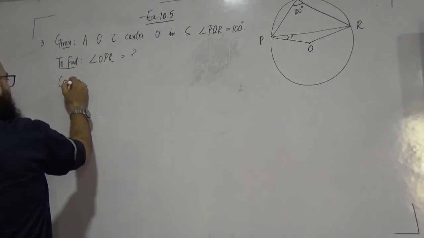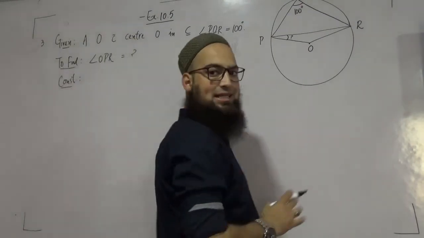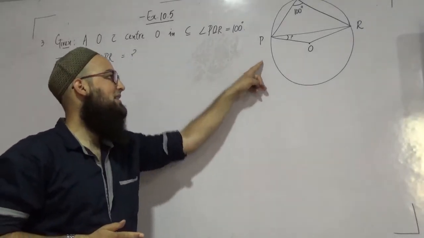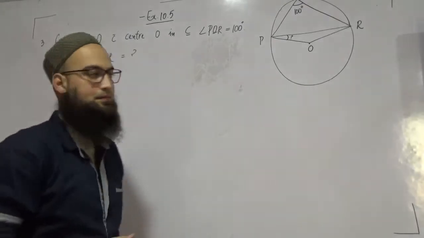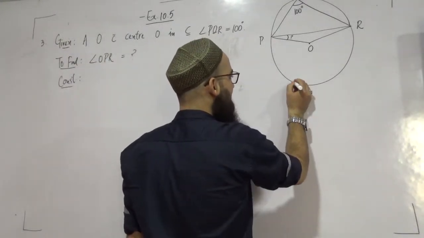Let's have a construction this time. What I'll do, I'll take any arbitrary point on this major arc PR. Take some point, say S. Let me take it here.